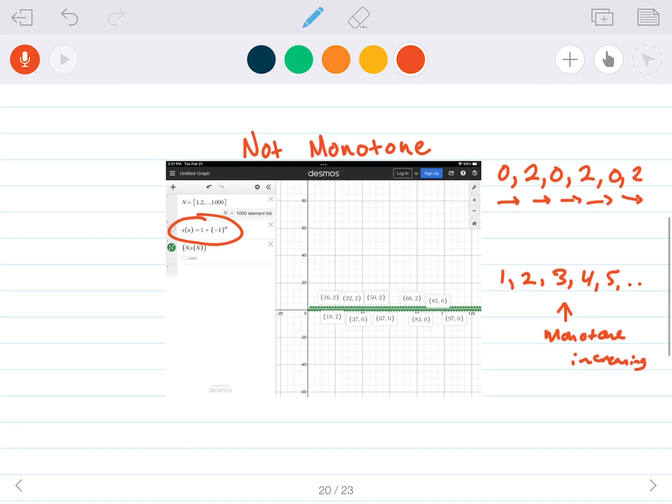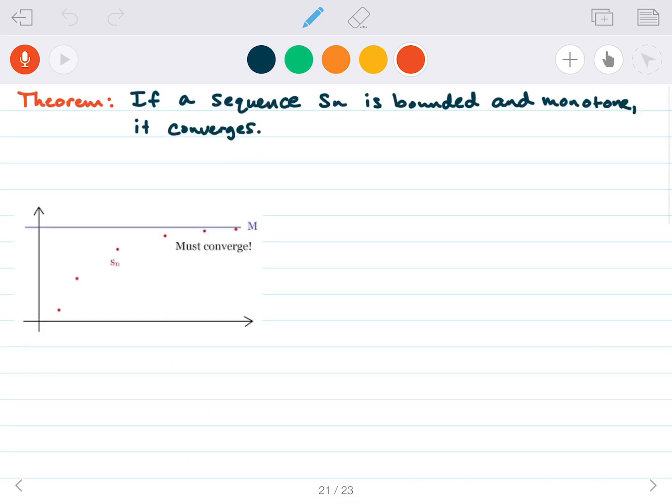Okay, so we have a theorem. If a sequence is bounded and monotone, it converges. So let's consider this little sequence here. This sequence is bounded above by M. We can see that, right?